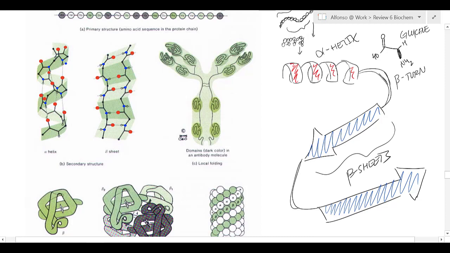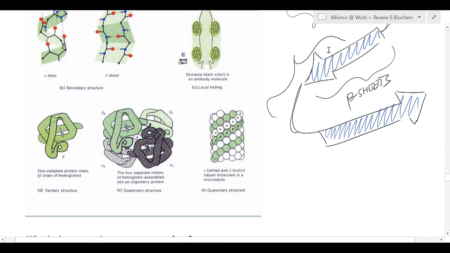And there's specific amino acids that you're more likely to find in alpha helices, and there's specific amino acids that you're more likely to find in beta sheets. Does that make sense? Are there any questions about that? There's specific amino acids that end up in alpha helices, and beta turns, and beta sheets. Okay.